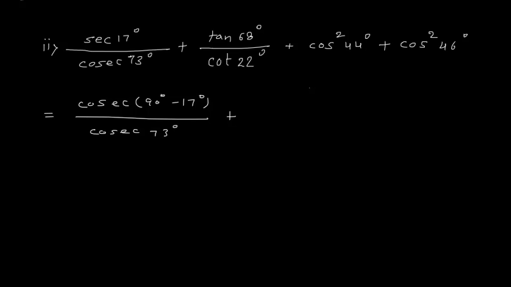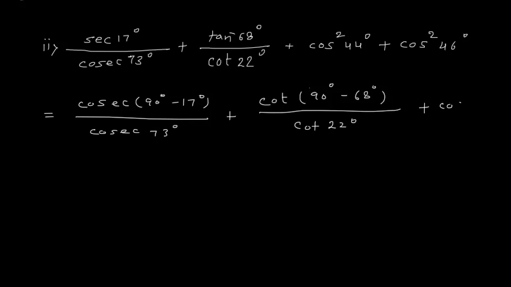So tan I will convert in cot, it will become cot 90 degree minus 68 degree divided by cot 22 degree plus cos square 44. So this is cos square 44, and here cos square 46 I will convert in sin, it will become sin square 90 degree minus 46 degree.